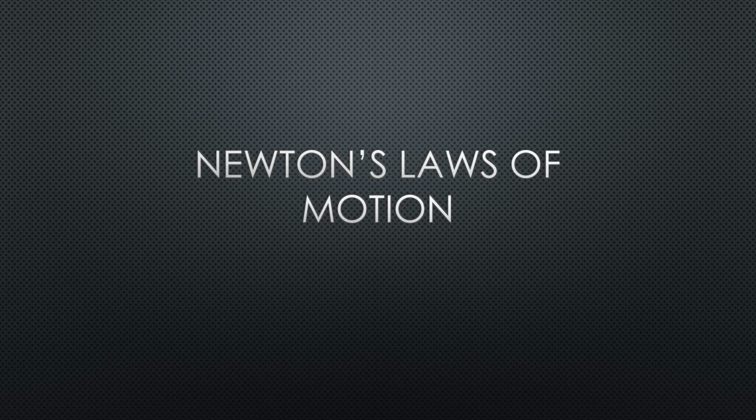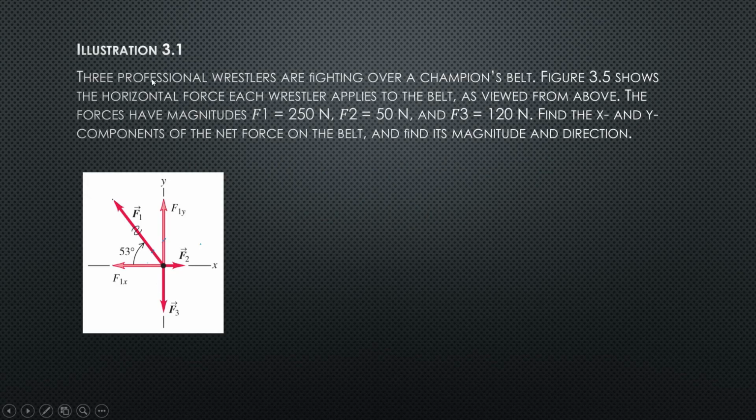So this is our next lecture, Newton's laws of motion. Illustration problem 3.1. There are three professional wrestlers fighting over a champion's belt. Figure 3.5 shows the horizontal force each wrestler applies to the belt as viewed from above.